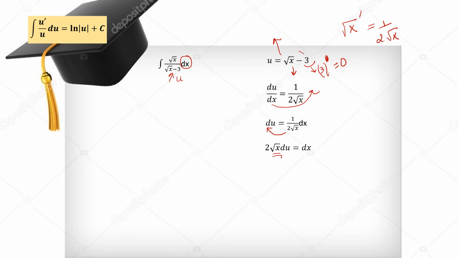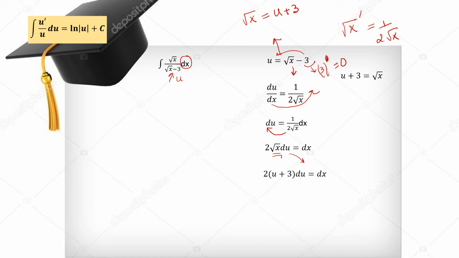So bring the 3 on the other side to solve for root x, which gives you u plus 3. So in place of square root x, we can write u plus 3. So 2 times u plus 3 times du equals dx.